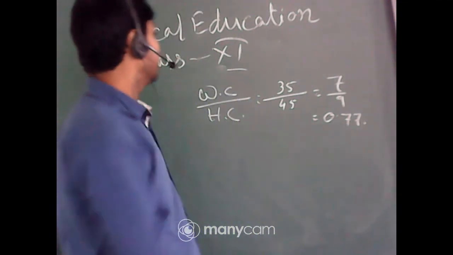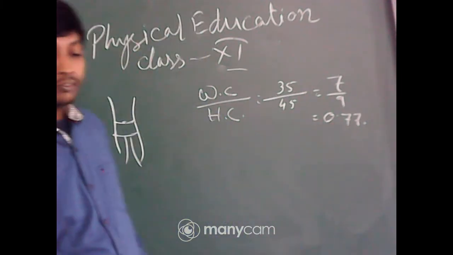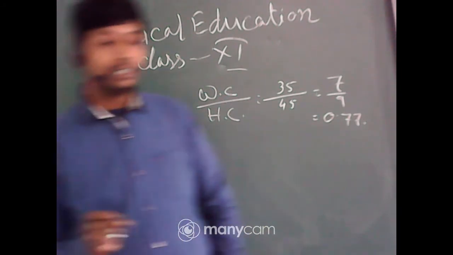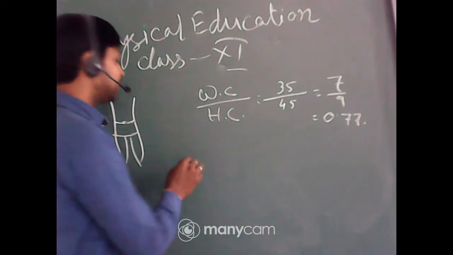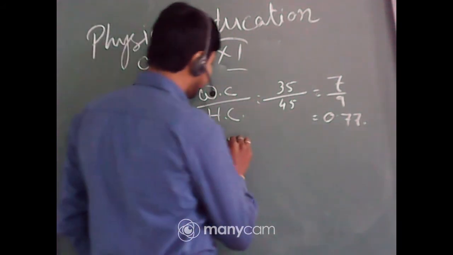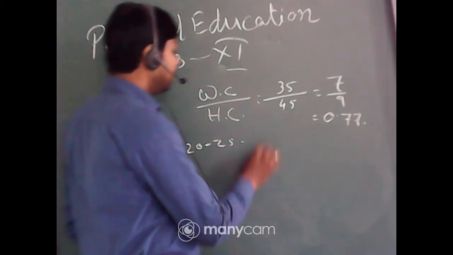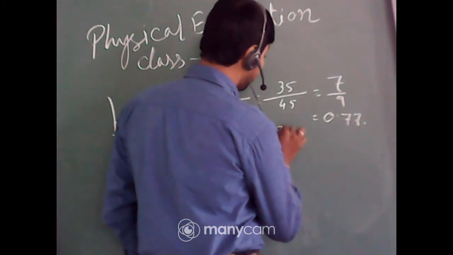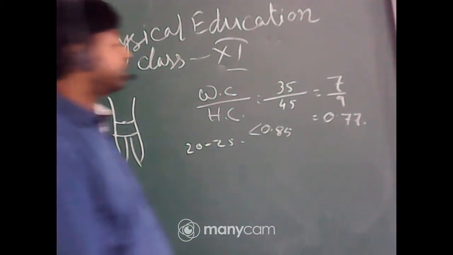From the ratio we get a chart, a separate chart for male and female. If a person is between 20 to 25 BMI, and the ratio is below 0.85, then it will be low.